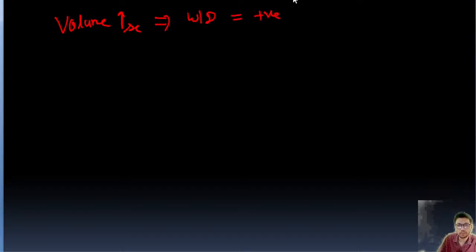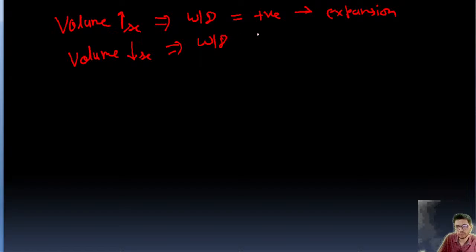So here, if volume increases, the work done will be positive, and that is called expansion of an ideal gas. And if volume is decreasing, the work done is going to be negative.